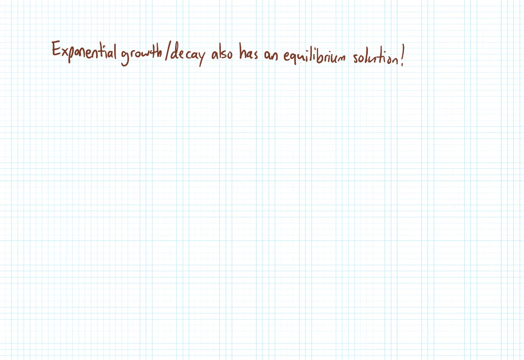So actually, now we can go back to the exponential growth decay model, and we can see that that also has an equilibrium solution. So remember that the equation was dP/dt is equal to k times P. So to use the equation to find the equilibrium solution, we would plug P equals c and dP/dt equals 0 into the equation.